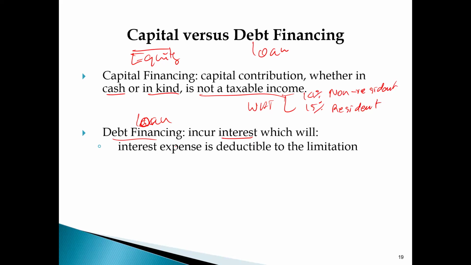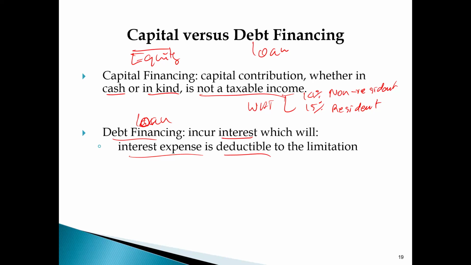And the next thing you need to take into account is the deductible expenses related to the interest you pay. If the company is receiving a loan and then pays interest, we need to take into account what we call deductible expense that has a limitation.